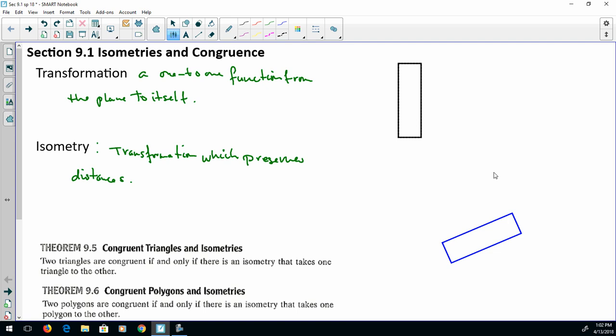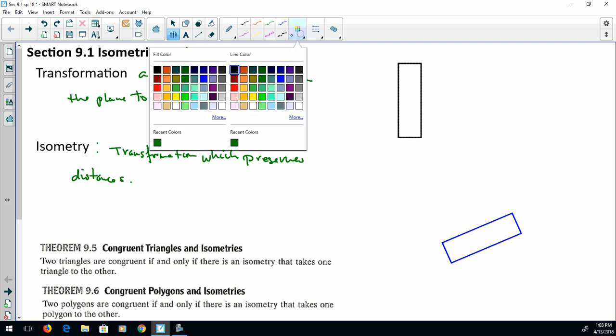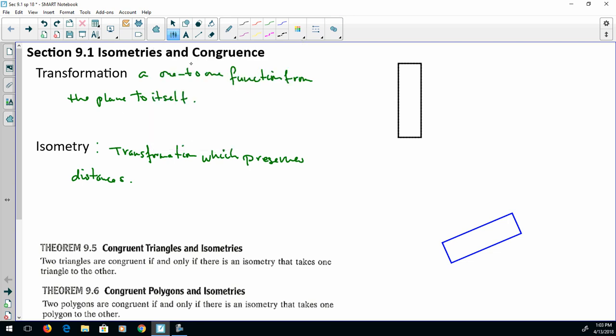Now, it may seem that what we're doing here by introducing this new idea of an isometry is just adding an extra level of abstraction to the geometry class that would make it more confusing. But actually, it makes it a little more concrete, because when we look at isometries, I want us to think of rigid motion.